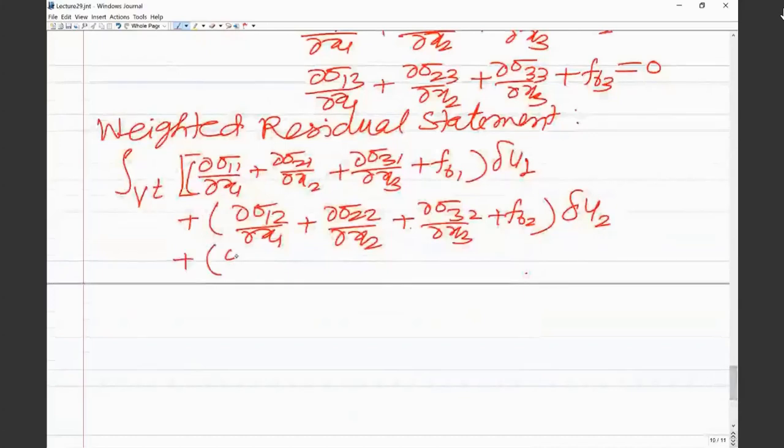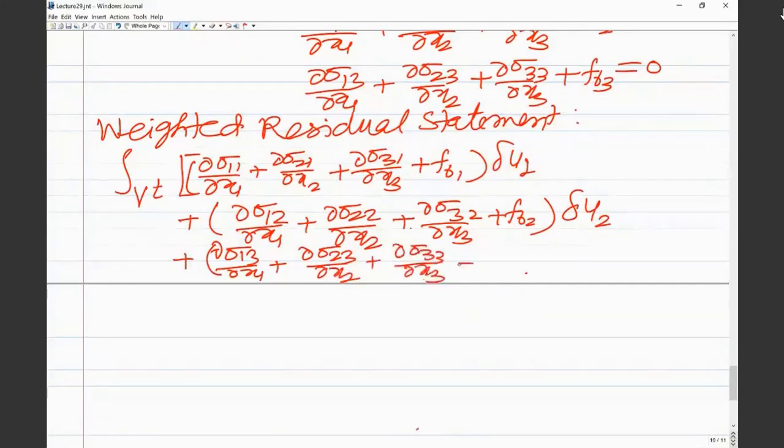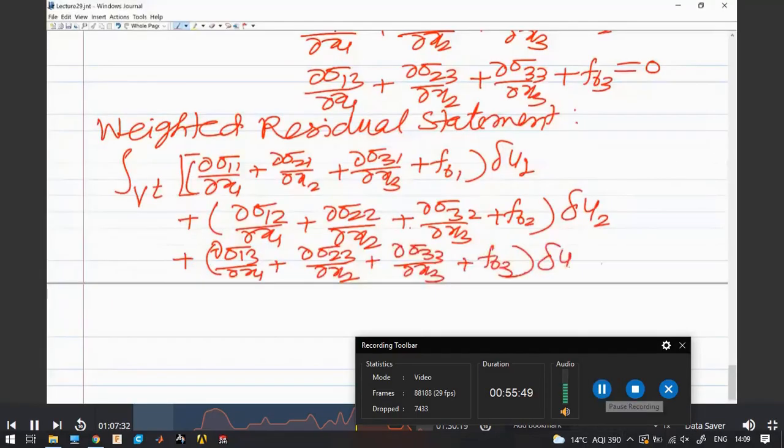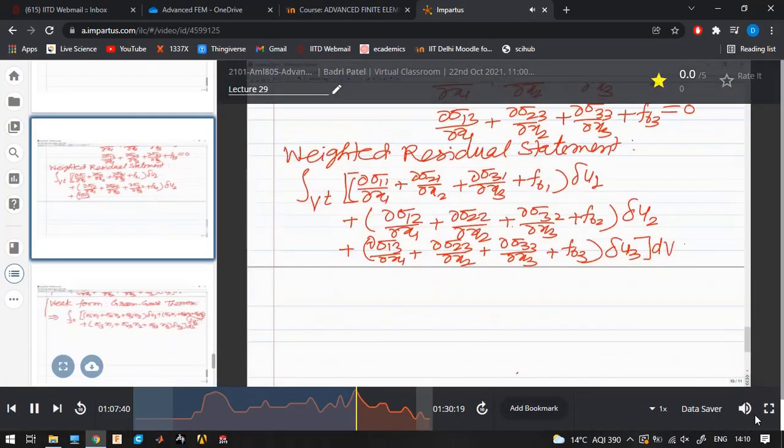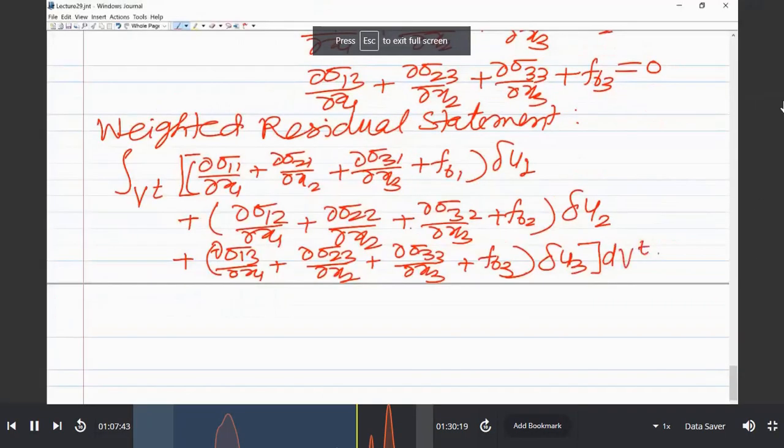Plus you will have del sigma 1,3 upon del x1 plus del sigma 2,3 upon del x2 plus del sigma 3,3 upon del x3 plus FB3 into delta U3, virtual displacement along x3 direction, into dVt, that is integration over the current volume, is equal to 0.